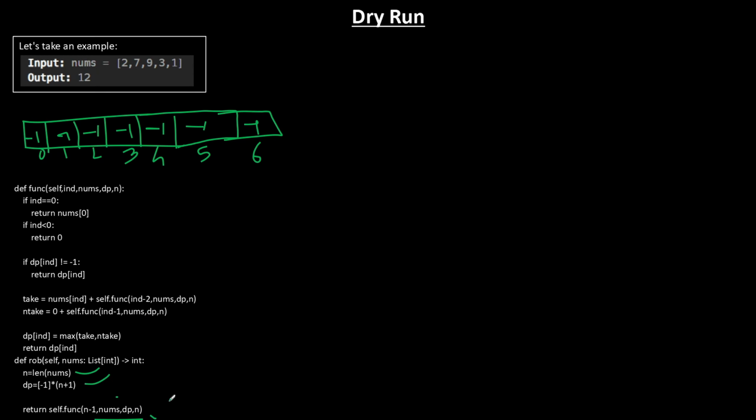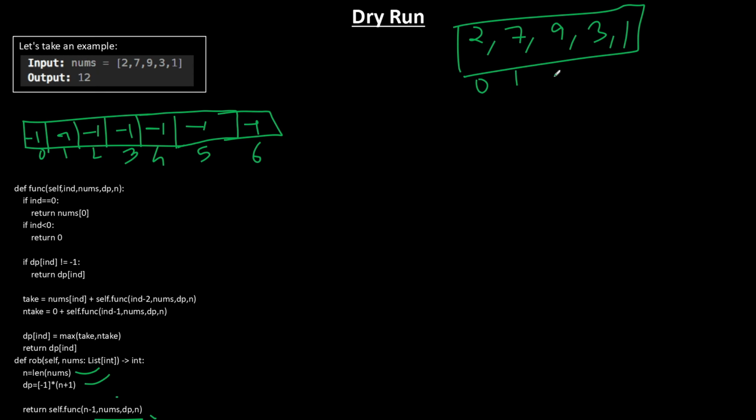Now we call the function, starting from the end: the array is 2, 7, 9, 3, 1. This is index 0, this is 1, 2, 3, 4. N is 5, so n minus 1 becomes 4.